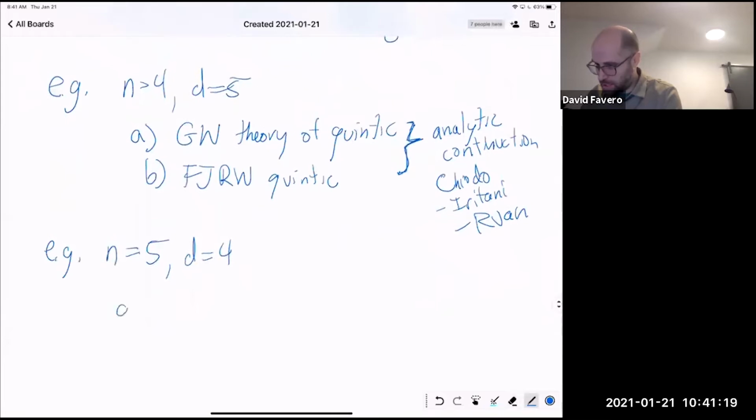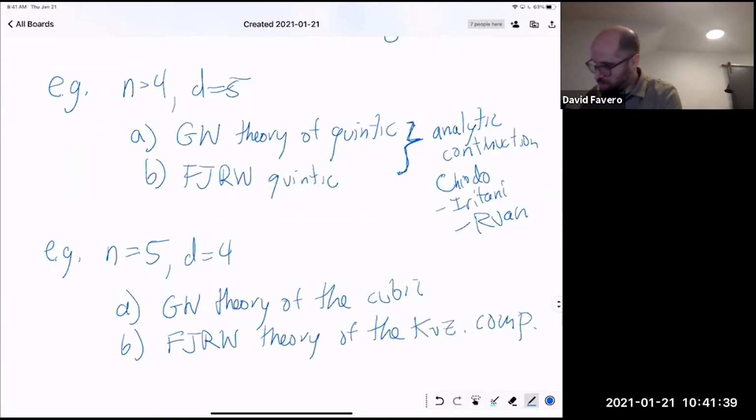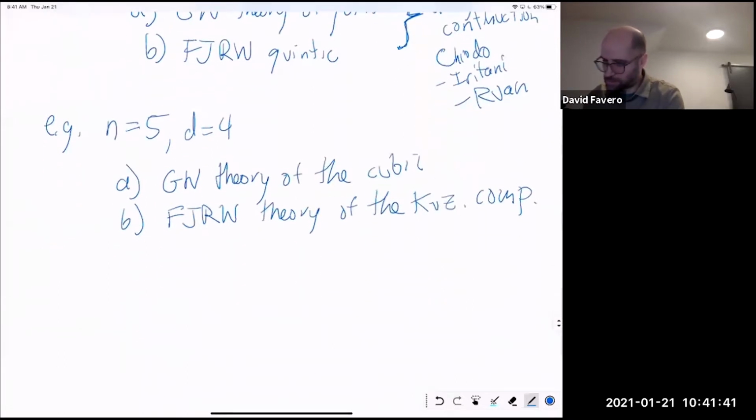A is Gromov-Witten theory of the cubic, and B is the FJRW theory of the Kuznetsov component. So anyway, that was just some motivation.